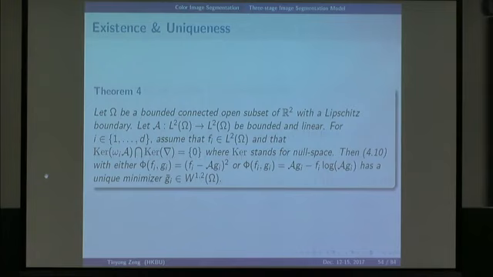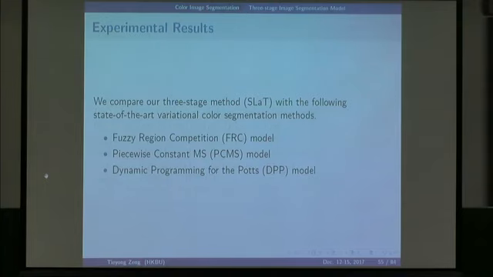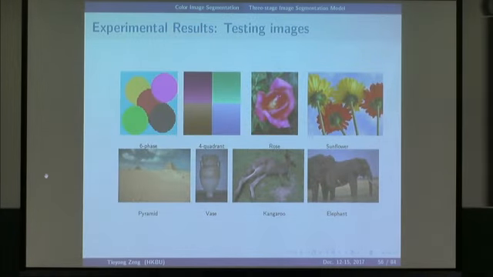You have better mathematical properties because our model is very simple. Let me show you some numerical results. We call our method SLaT: smoothing, lifting, and thresholding. We compare with the FRC model, the PCMS model, and the POS model. And this is the image test.